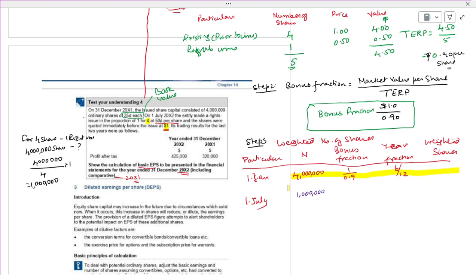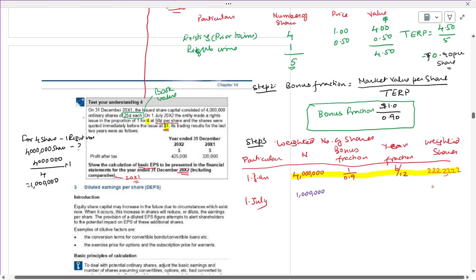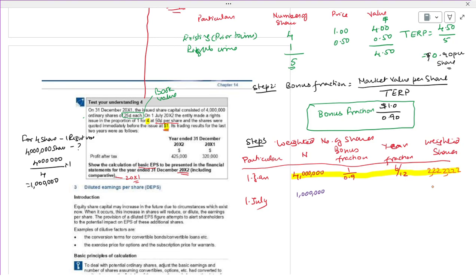How much will you get? Check. Is it okay?